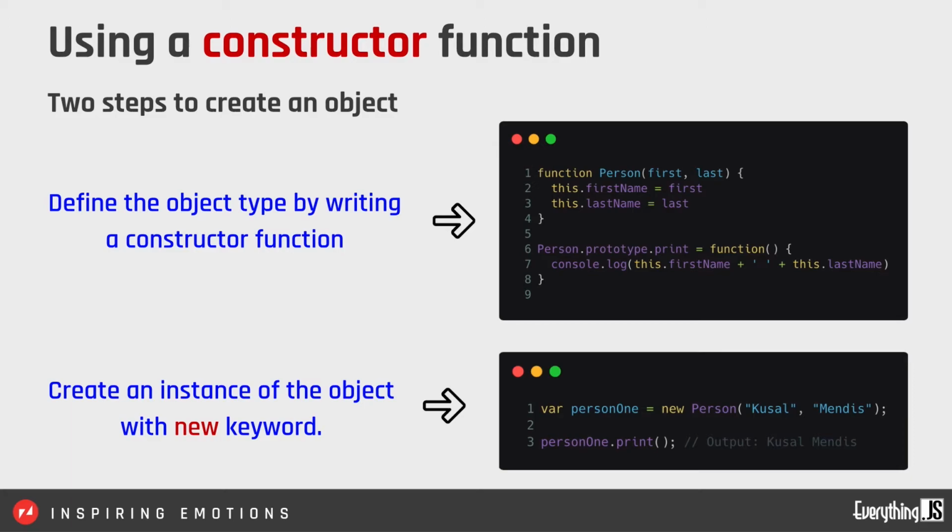Then it will create 1,000 individual functions whenever you are creating an instance out of this particular constructor class. But in this case, it will have only one print function, and all the instances created out of this particular class will reference that same function.